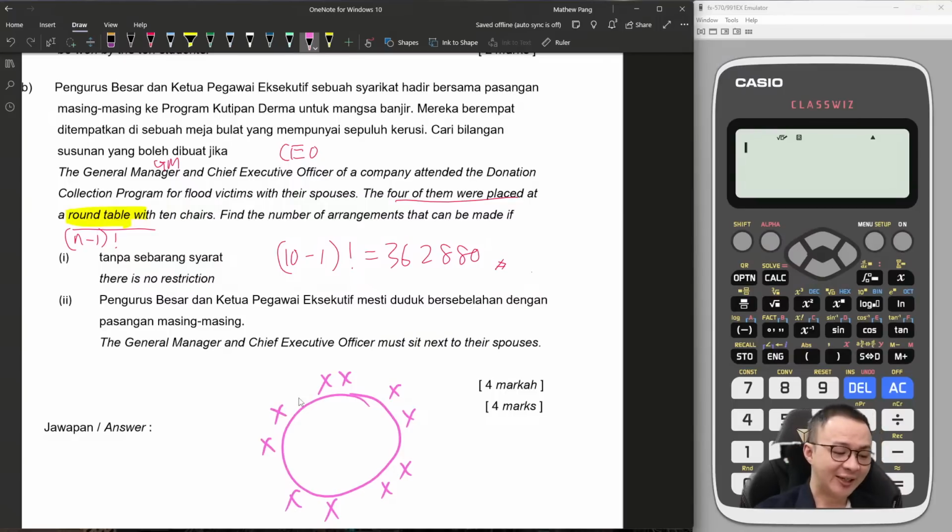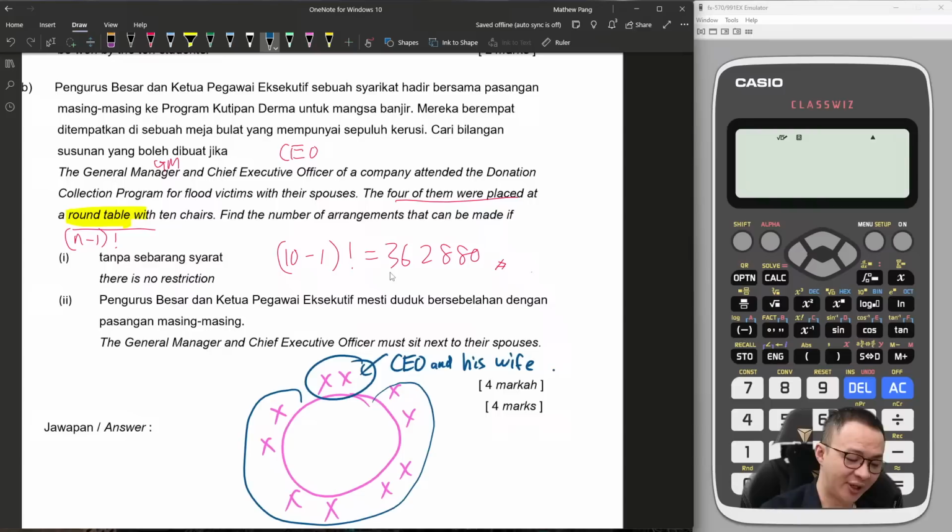Let's say the CEO and his wife, or his spouse, are sitting here. So from their perspective, how many remaining chairs do they see here? They will only see 8 of them, isn't it?